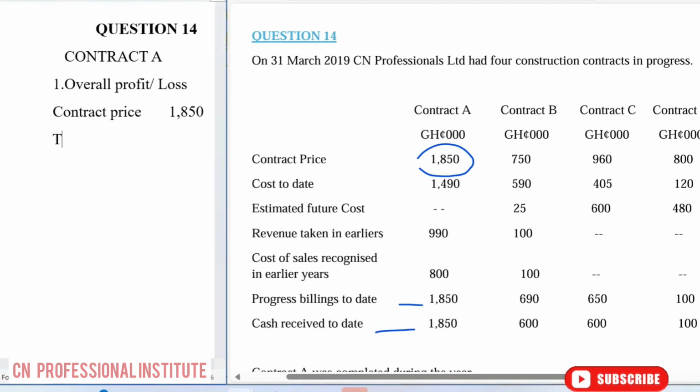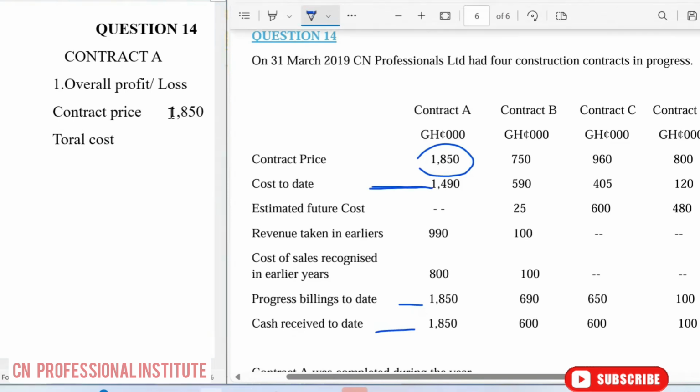Then let's look at the total cost. The total cost consists of both cost to date and cost to complete. The cost to date here is 1,490. Future cost is zero because the contract is completed.